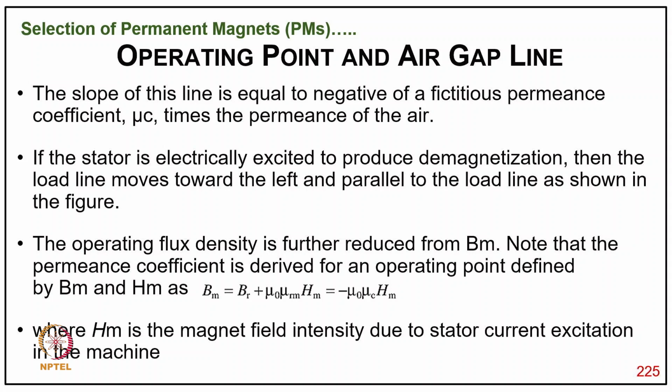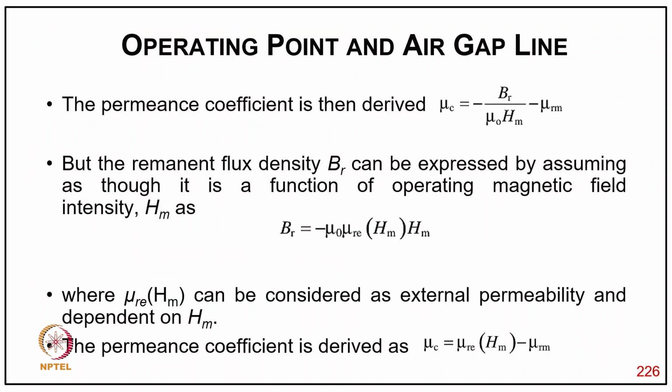So, Bm equals Br plus mu 0 mu Rm Hm, or equal to minus mu c Hm, where Hm is the magnetic field intensity due to the stator current excitation in the machine. So, the permeance coefficient can be derived as mu c equal to minus Br upon mu 0 Hm minus mu Rm.